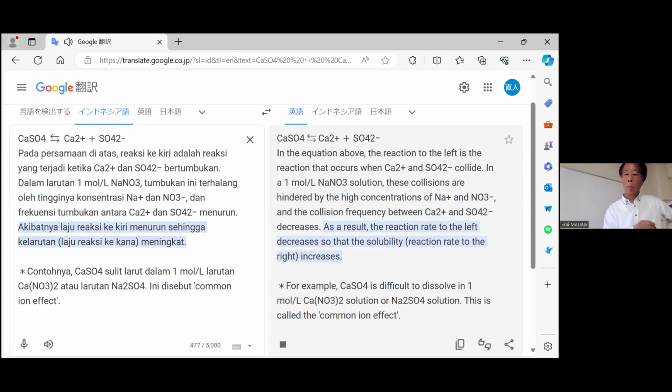As a result, the reaction rate to the left decreases so that the solubility, the reaction rate to the right, increases. For example, calcium sulfate is difficult to dissolve in 1 mole per liter calcium nitrate solution or Na2SO4 solution.